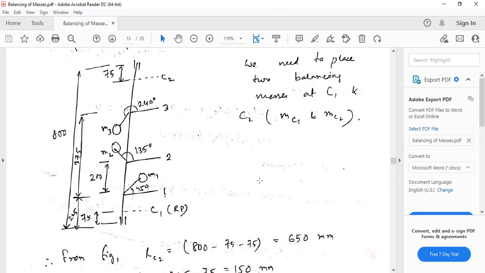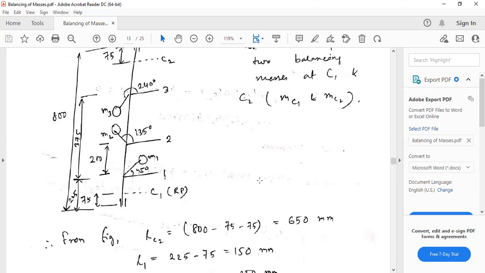Now this problem is different. Here we have been balancing several masses at different planes. What you have to do is take all the masses in your reference plane. Sorry, not the masses, the forces.